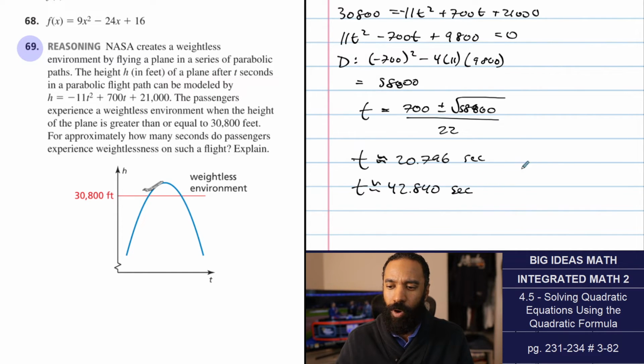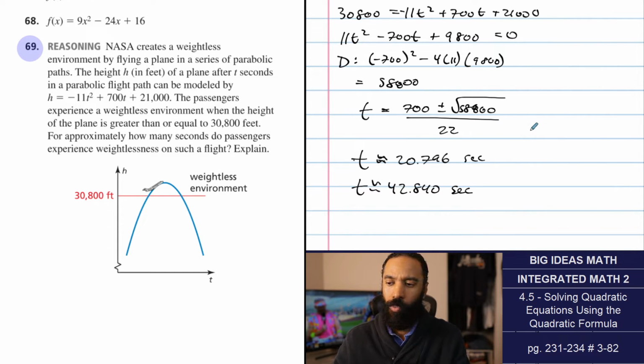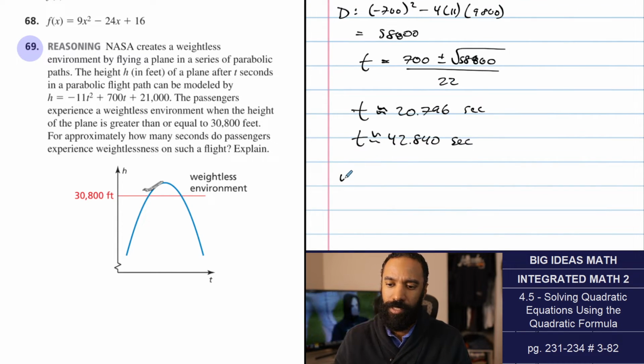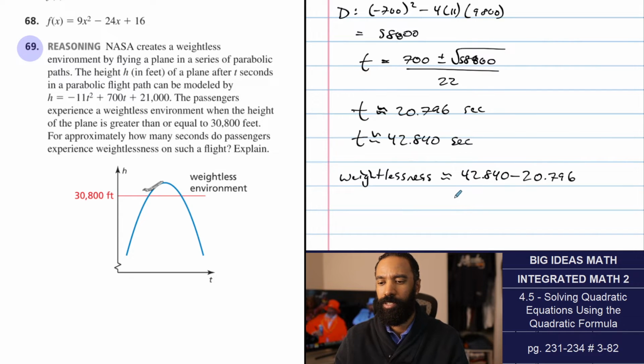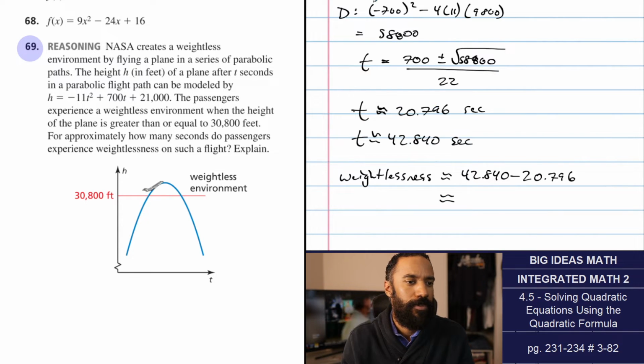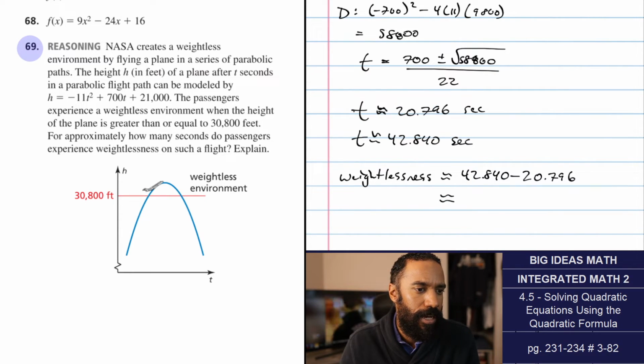Now we got to do one minus the other. Weightlessness is about 42.840 minus 20.796.